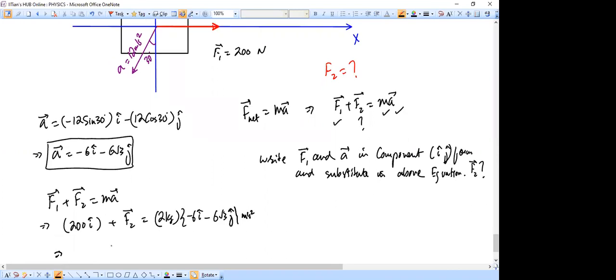So we have F2 will become minus 12 I cap minus 12 root 3 J cap minus 200 I cap, in newtons.